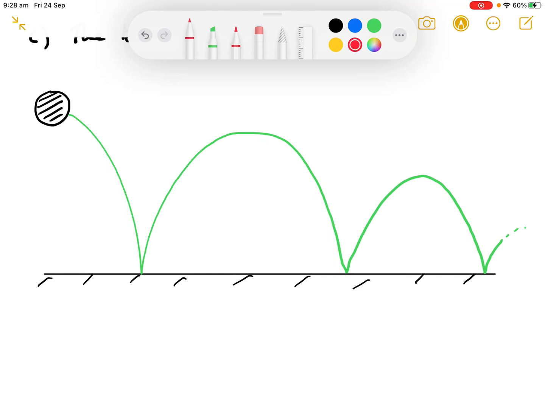Okay. So this is bounce number 1, and this is bounce number 2. I'm only going to deal with the first couple in the graph. You could go on, of course. Okay.